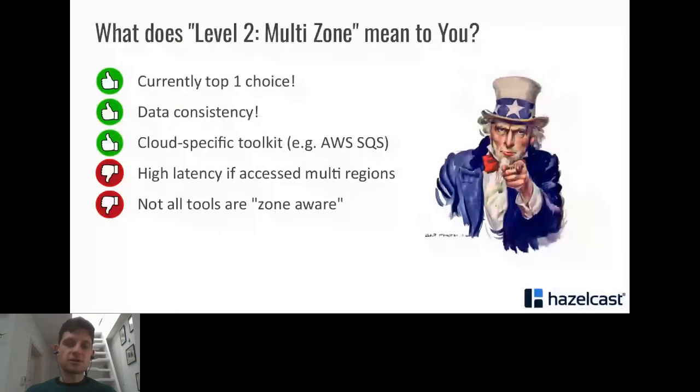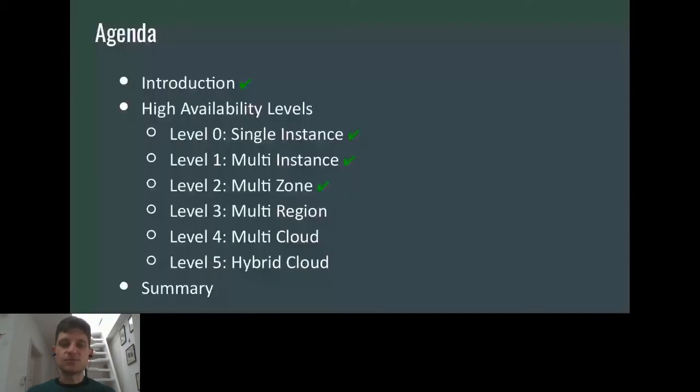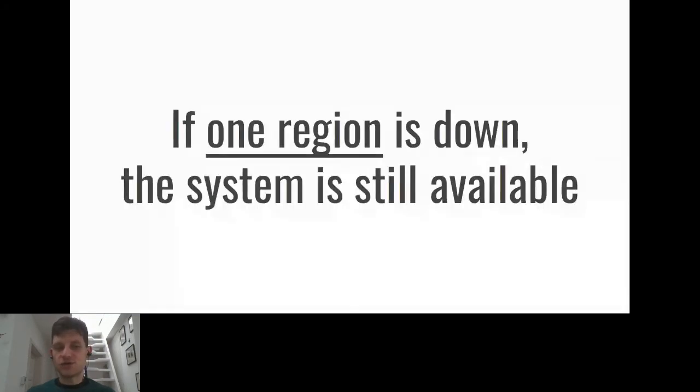Okay, we covered level 0, 1, 2. Let's move to multi-region, where things are really getting interesting. Multi-region means that if one region is down, the system is still available. That will be the architecture.